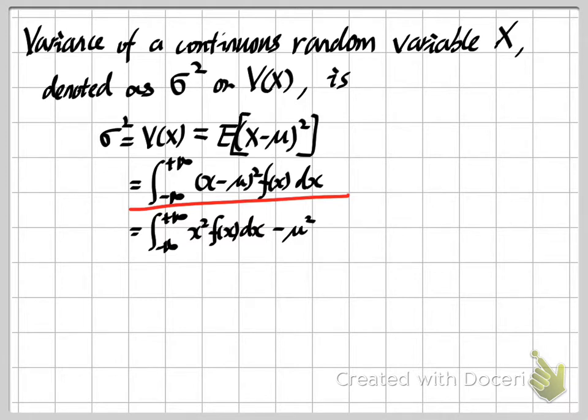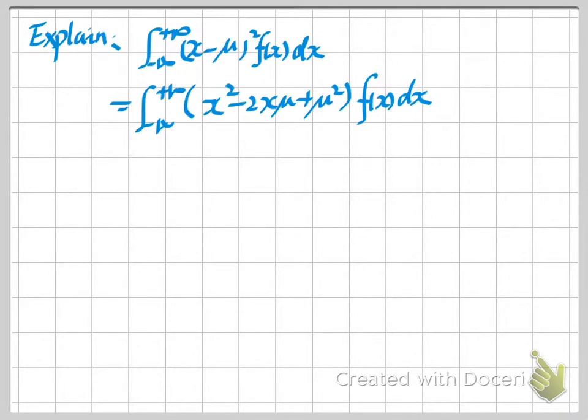Okay, so in the previous video, when I introduced the variance of a discrete random variable, I explained how we can rewrite the equation, from the second line to the third line. In this video, I will also explain how we can go from the second equation to the last line. The idea is similar. The first step is we use the distributive property of multiplication to expand (x minus mu) squared into the following equation.